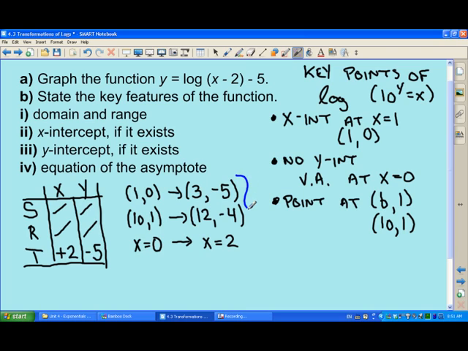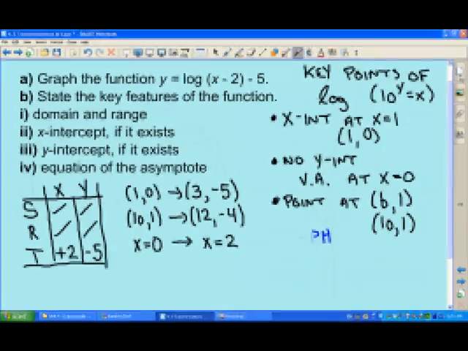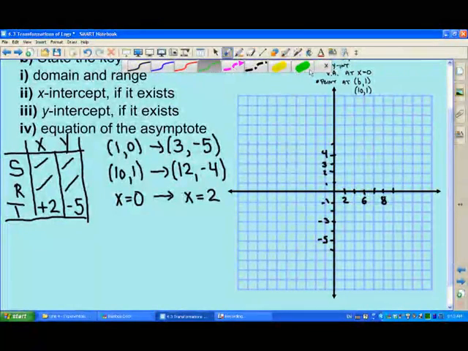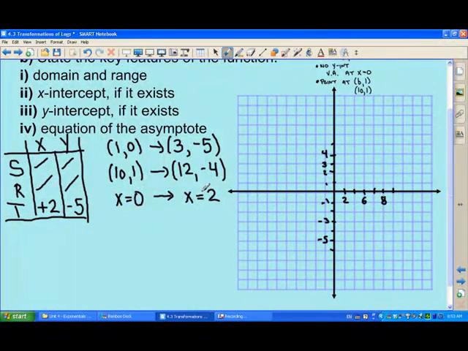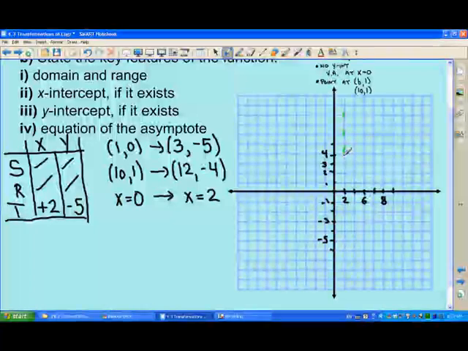I can use this information to graph my function. You can see on my graph I've marked in my scale. I'll show my asymptote through x equals 2.